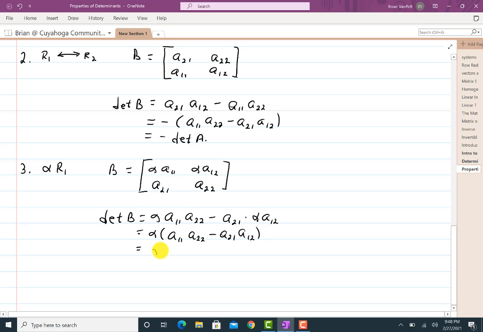And you can see that that is alpha times the determinant of A. So this is part one of our induction hypothesis. We've proven it for n equals 1 and n equals 2. Now let's go ahead and move on to the induction.